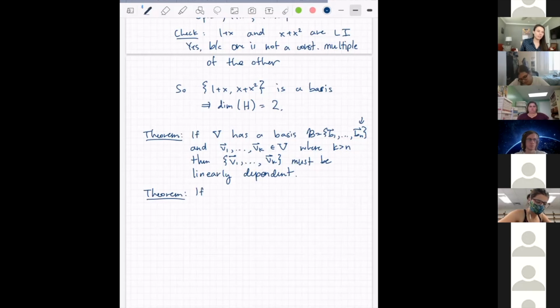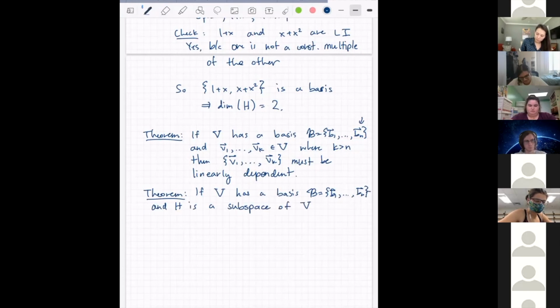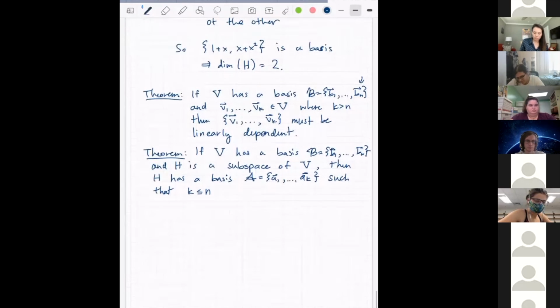This says that if V has a basis B, and H is a subspace of V, then we can find a basis for H. We'll call this A, of vectors a1 up to ak, such that k will be less than or equal to n, right?